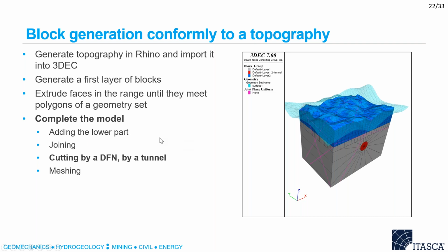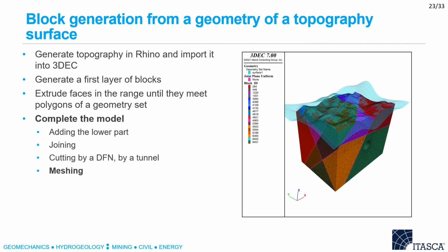We can also add a tunnel, cut the model with a tunnel, for example. Add fractures with the discrete fracture network option in 3DEC. And then make blocks deformable by meshing with the command generate zone. This is an example of what we obtain.